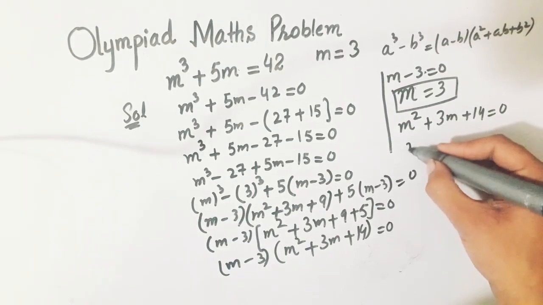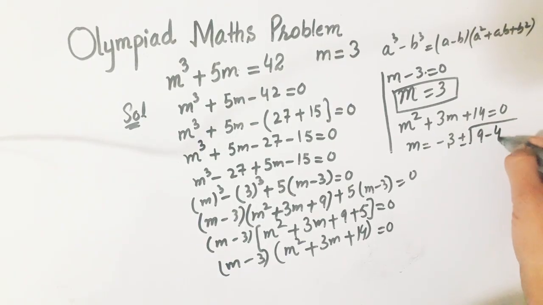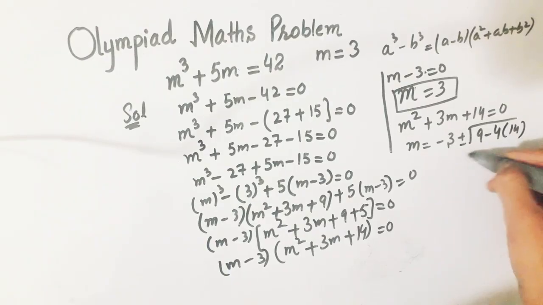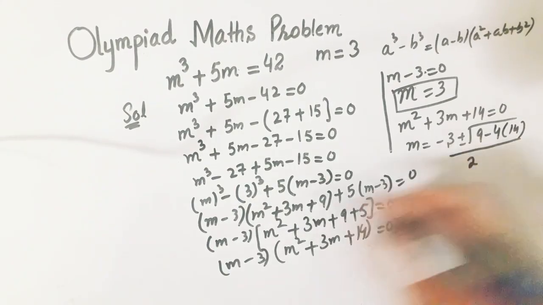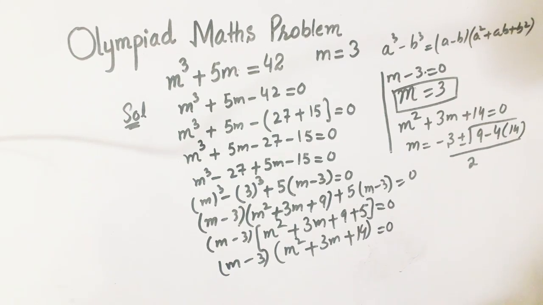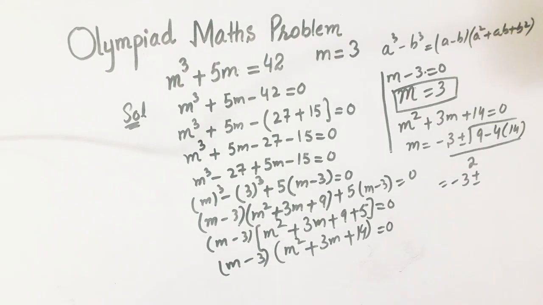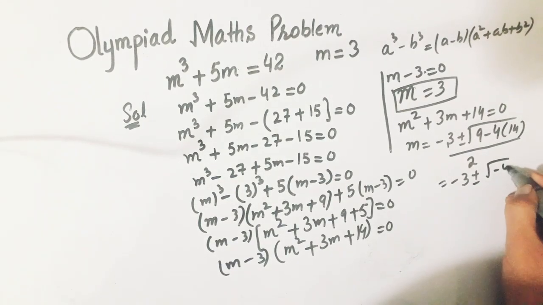So minus 3 plus minus square root of b square 9 minus 4ac, 4 times 14, divided by 2a. 14 into 4 is 56, so 9 minus 56 will be minus 47, divided by 2.